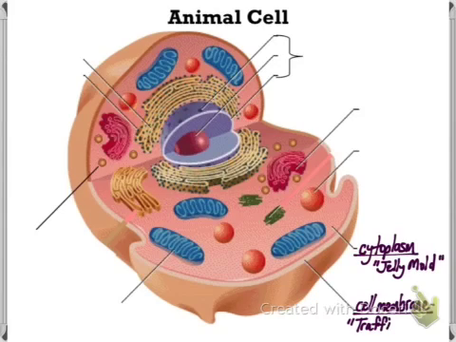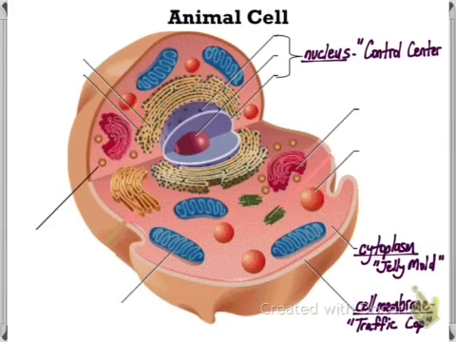Remember that the cell membrane is called the traffic cop because it controls what comes in and what goes out. Third structure is our nucleus, the whole purple structure on the inside. The nucleus is extremely important, probably the most important structure, because it contains the DNA, which controls the cell. So the nucleus is called the control center.